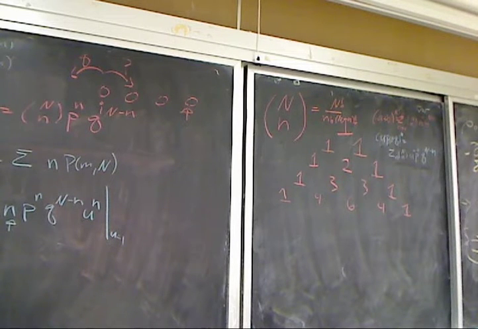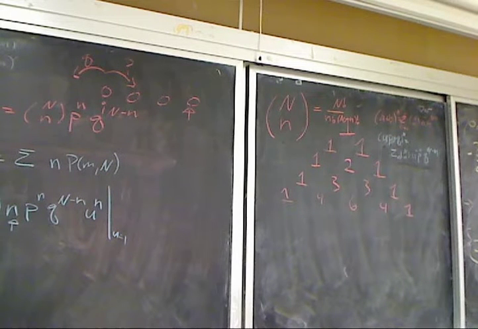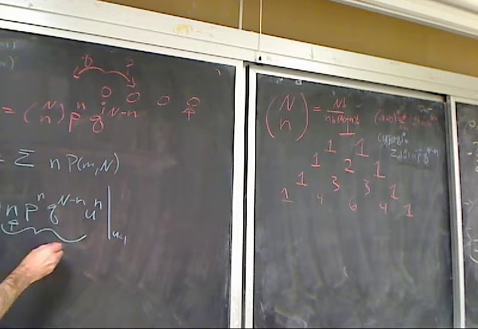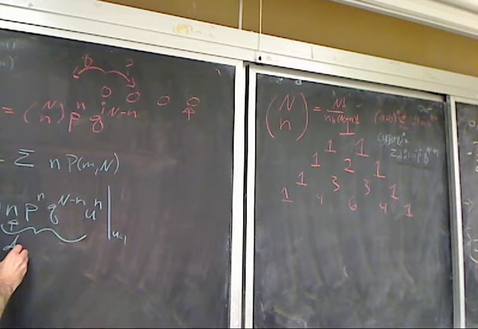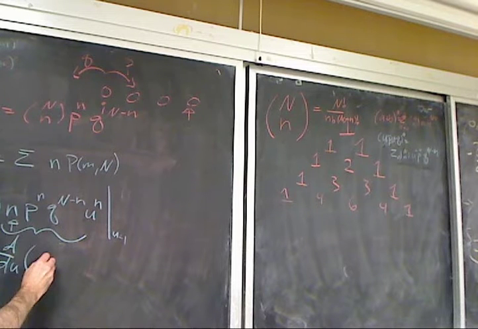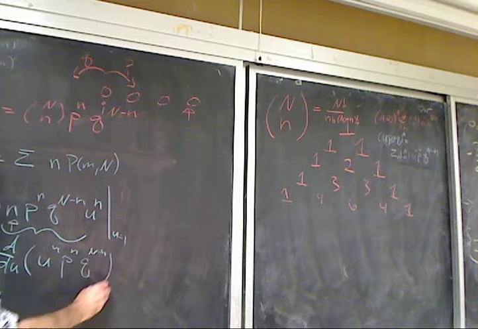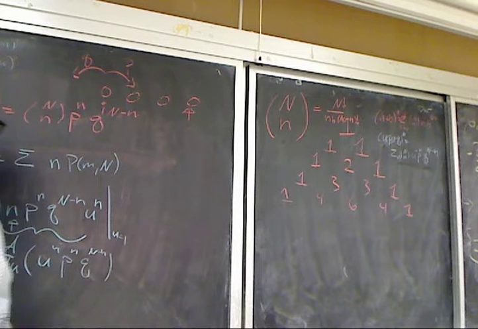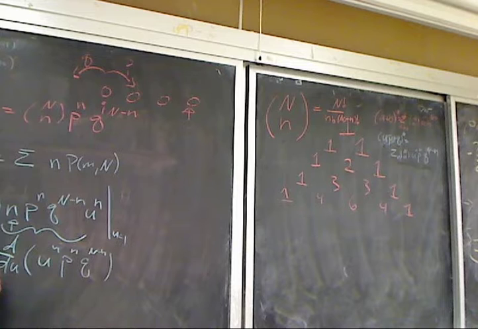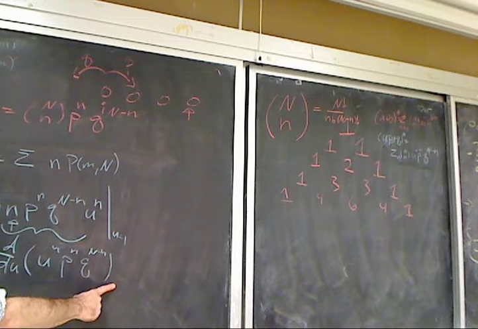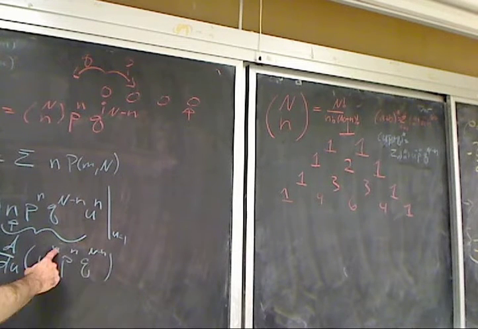So that way I can rewrite this as the derivative with respect to u of u to the n, p to the n, q to the big N minus little n. Okay, almost, times u. So when I differentiate this with respect to u, an n comes down, and I get an n minus 1.